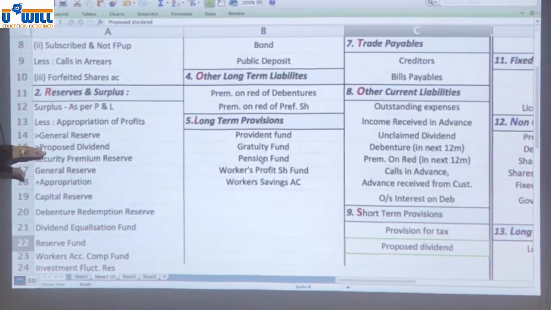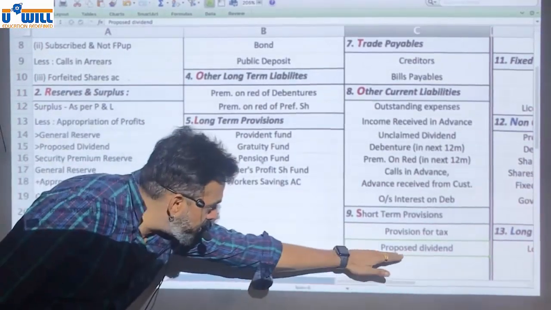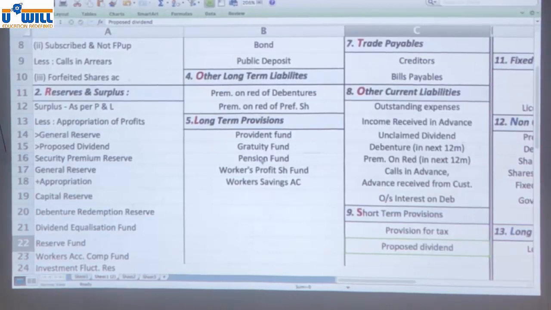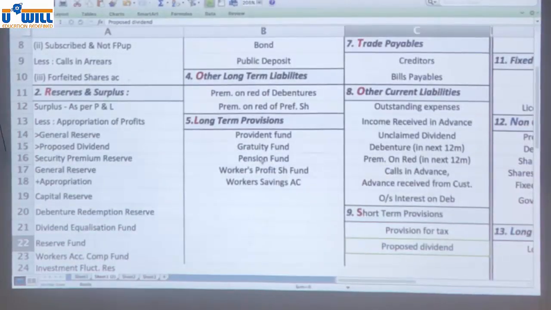Proposed dividend comes over your reserves and surplus, and proposed dividend comes over your short-term provision. We decrease our profit and transfer it to our provision account. Understood this? P&L account debit to proposed dividend account credit. तो profit में से decrease किया and short-term provision में transfer किया.